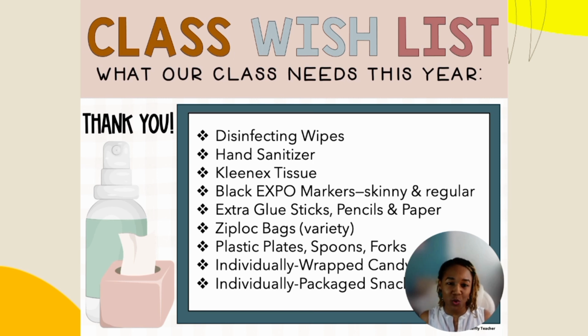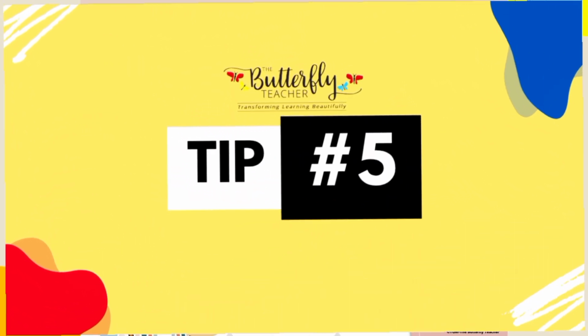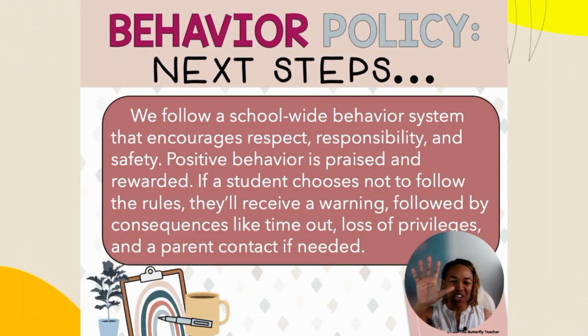These are not mandatory supplies, and I make that clear. This is just what our class needs this year. So having both your mandatory supplies and your wish list really helps parents to plan out their shopping before the first day of school.